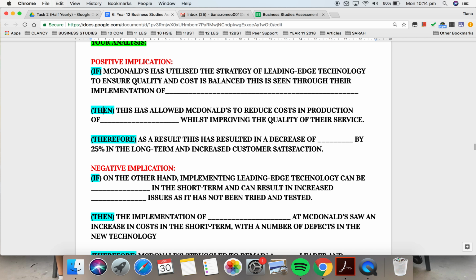Therefore is the next part. As a result, this has led to a decrease of expenses by 25% in the long term, and increase customer satisfaction.